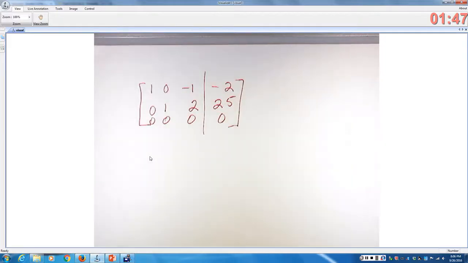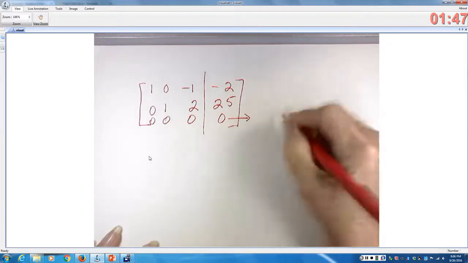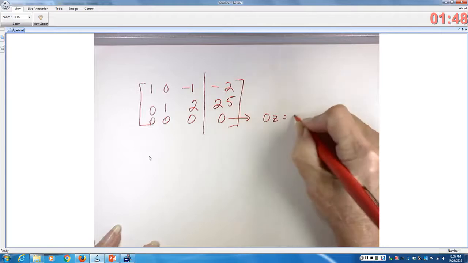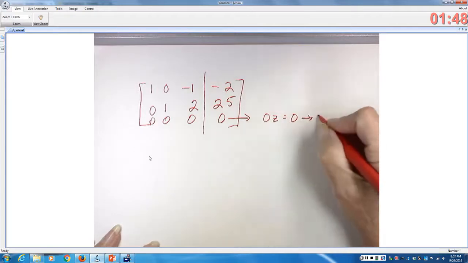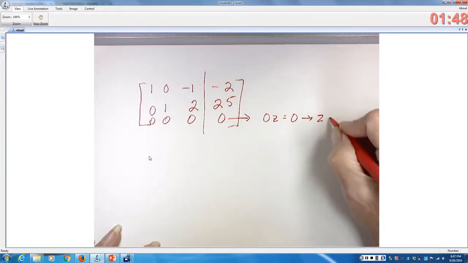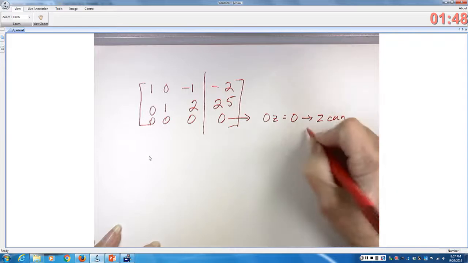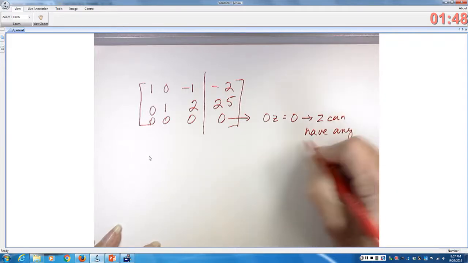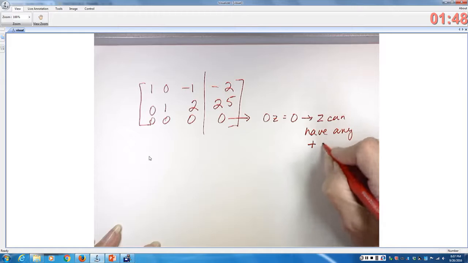Okay, now, this row tells you that 0 Z's equals 0, and Z could be anything. But it has to be a positive value.